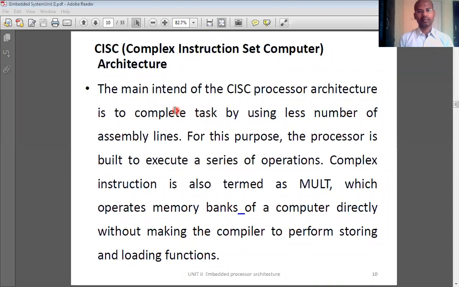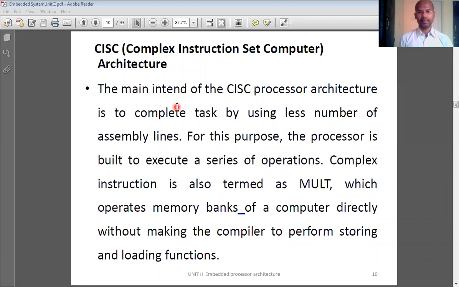And the main idea behind having such instructions is to reduce the burden for assembly programmers. If you are an assembly programmer and you write the code for a given task, it takes just 10 lines to complete the task.